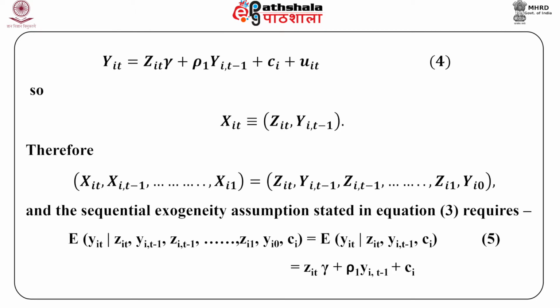And the sequential exogeneity assumption stated in equation 3 requires that the expected value of Y_it given Z_it, Y_i,t-1 and so on up to Z_i1, Y_i0 and C_i is equal to the expected value of Y_it given Z_it, Y_i,t-1 and C_i, and is equal to Z_it gamma plus rho_1 Y_i,t-1 plus C_i. This is our equation 5.